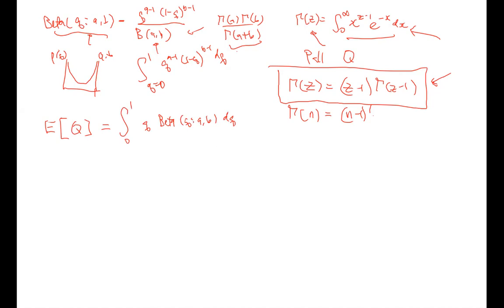I can write beta(Q; A, B) as Q to the A minus 1 times (1 minus Q) to the B minus 1, divided by B(A, B), or explicitly gamma(A) gamma(B) over gamma(A plus B).